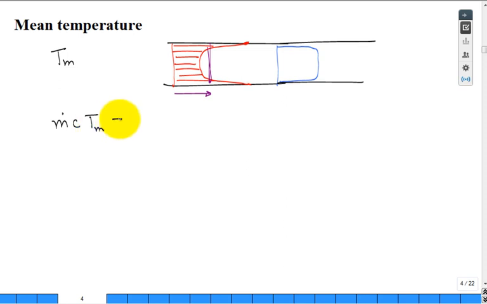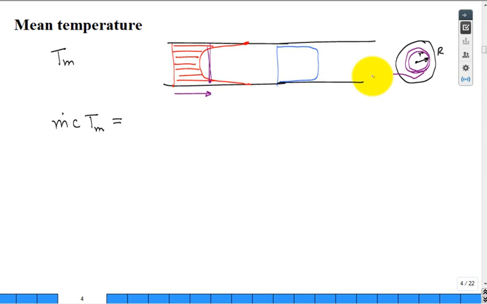But instead of having one average mean temperature, if I did think about looking here at the round pipe, looking at the end of it, in the middle is where R is equal to 0, and then we have R going out from 0 out to cap R. And we think that for each little ring in here, just like we did for the velocity, the velocity is constant in that little ring, and the temperature is constant in that little ring.